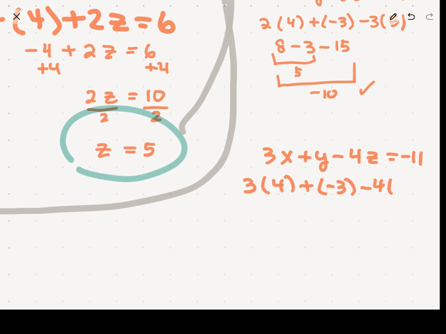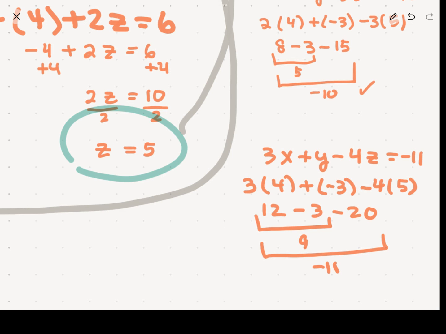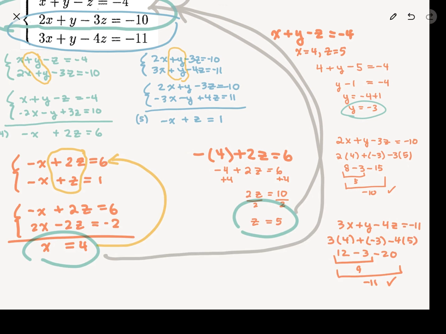For z, 5. I want to see if the answer is negative 11. So I get 12 minus 3 minus 20. 12 minus 3 is 9. 9 minus 20 is negative 11. And that was the number that we were hoping to get.